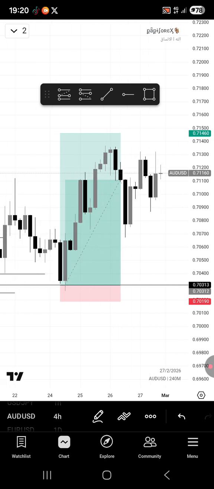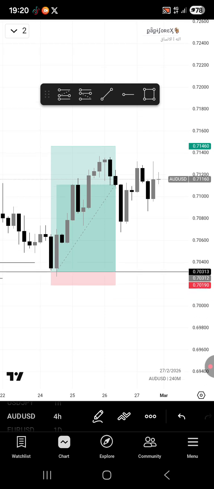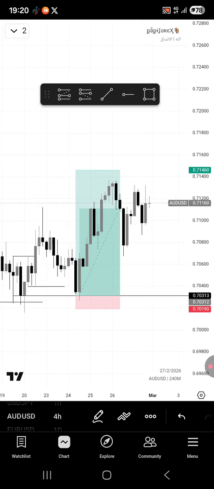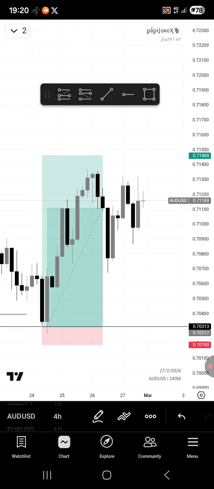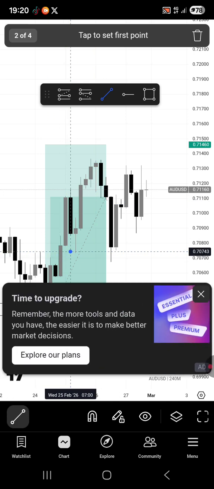You understand? Like, I don't play with my structures. I'm always watchful for opportunities, you understand, because I am coming with it. So on my 4 hours, I saw something again.